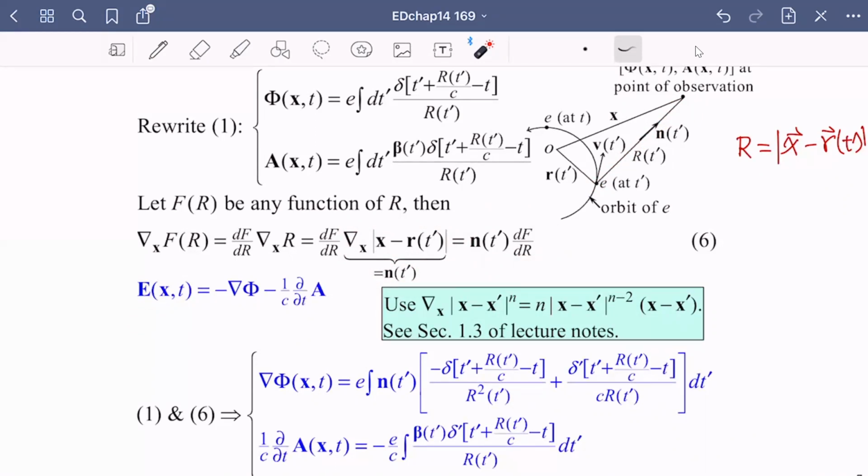For the electric field, we need E equals minus gradient phi minus 1 over c partial A partial t. Okay, and we can use these properties from chapter 1. So gradient phi is shown here.